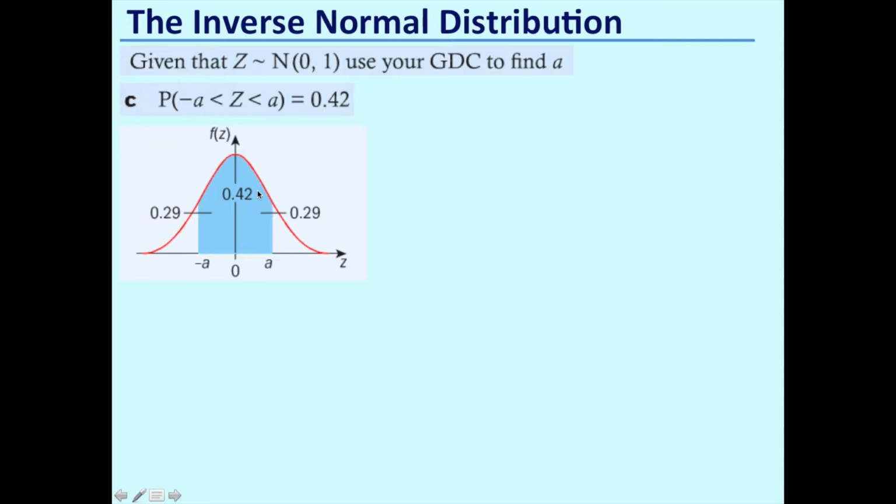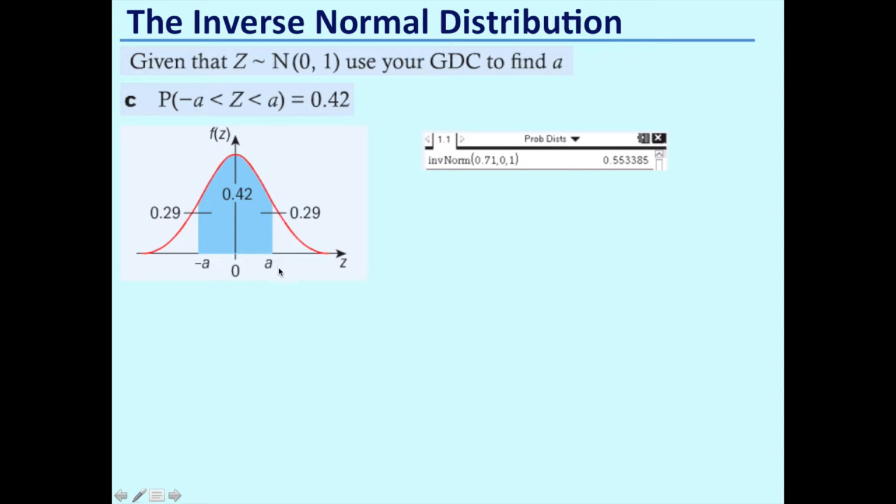So because it's symmetrical, we can see that this area here is actually going to be 0.21. So this area here is going to be the difference between 0.5, which is this whole section here, and this section here, which is 0.21. So this is going to be 0.29. Similarly, this area here is going to be 0.29.